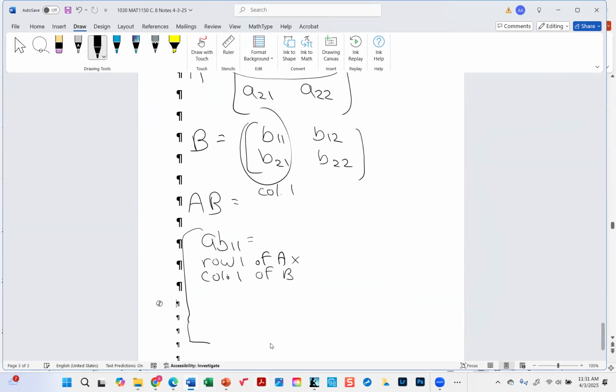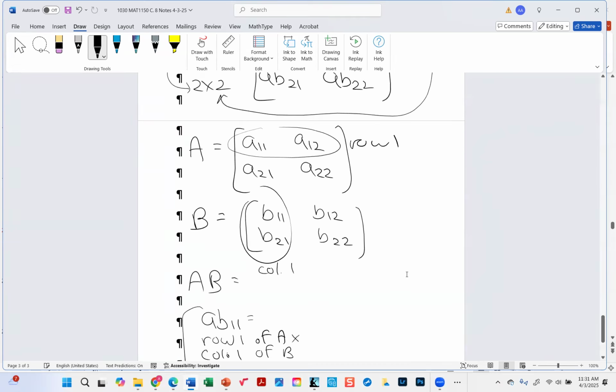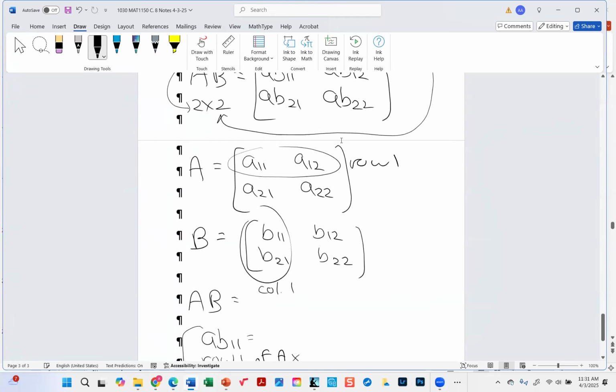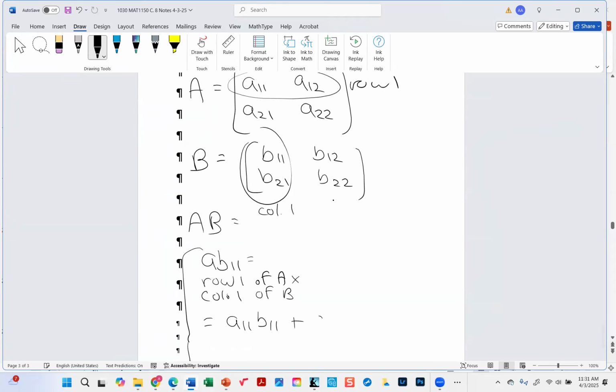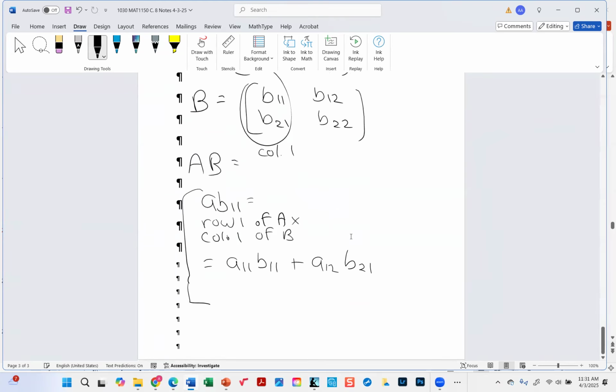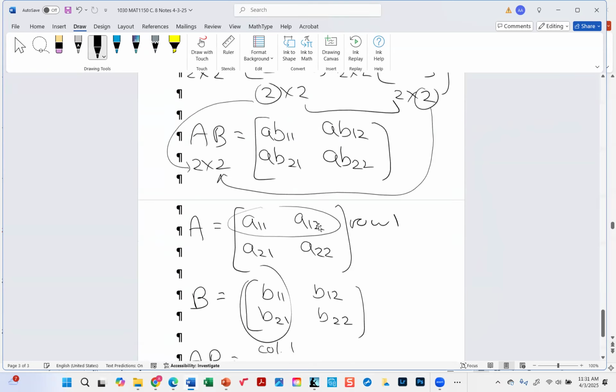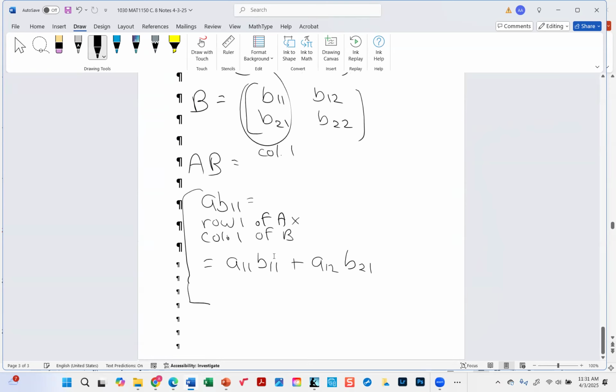So I'm going to have A11 times B11 plus A12 times B21. Now we'll do the numerical example in a second. And you can see what I mean. There's no way I have enough room to do this properly. So let's see what I can do.